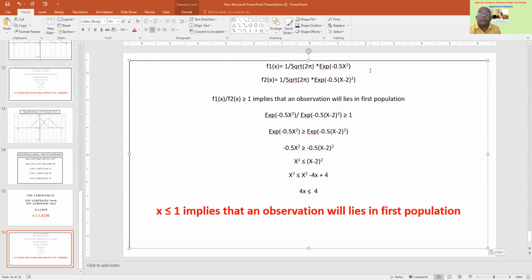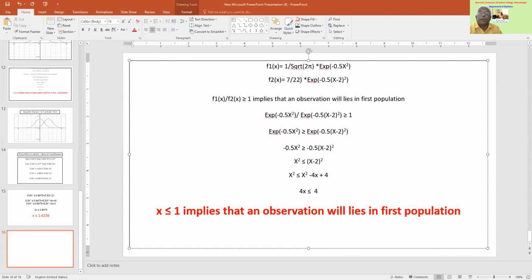Our first density is okay. But the second density is 7 by 2, and then it is 1 upon in bracket 1 plus in bracket x minus 2 square.